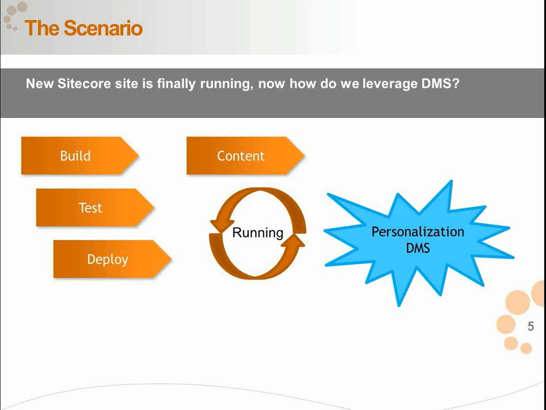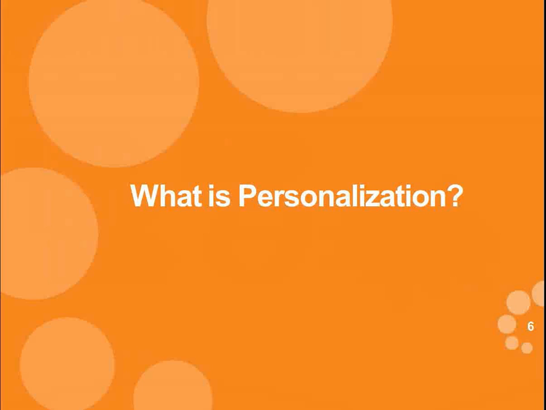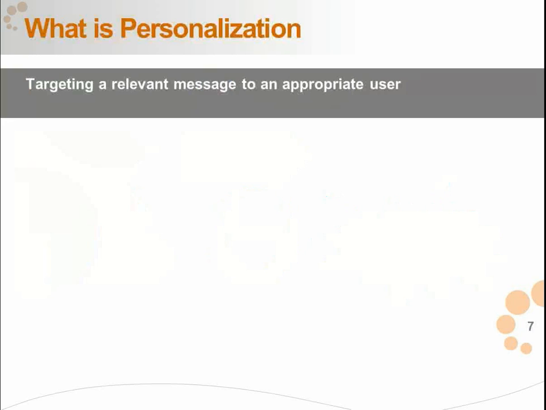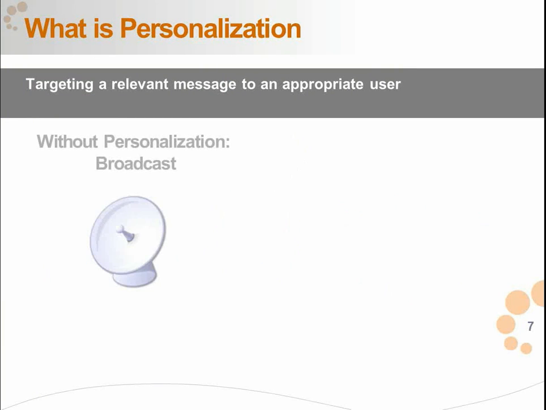So let's start with understanding what personalization is. We can summarize personalization quite simply into targeting a relevant message to an appropriate user. So in a typical traditional scenario, without personalization, we're treating all of our users the same. We're broadcasting the same message to everybody no matter who you are.